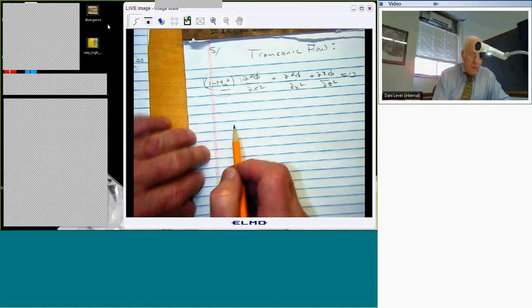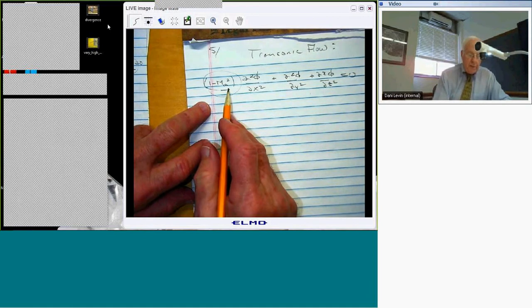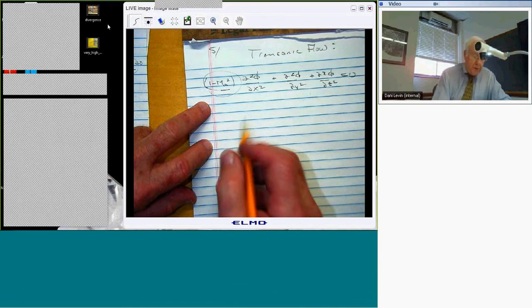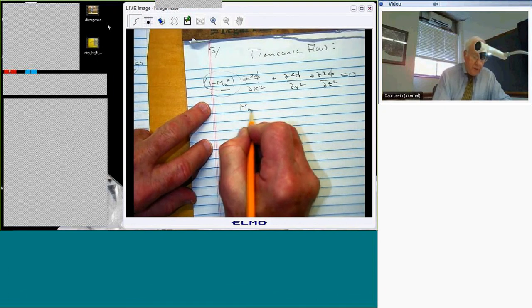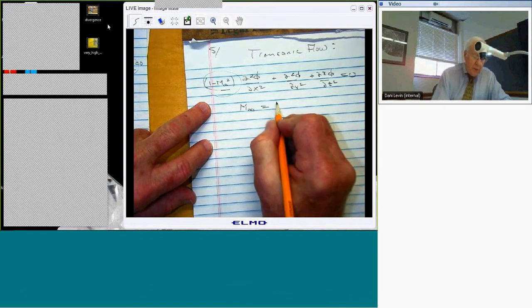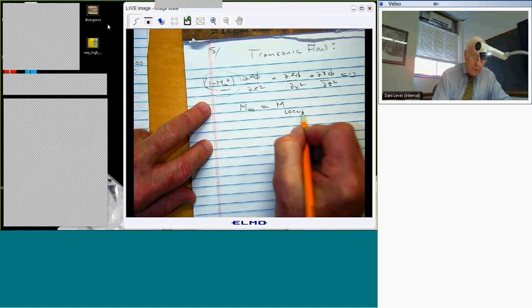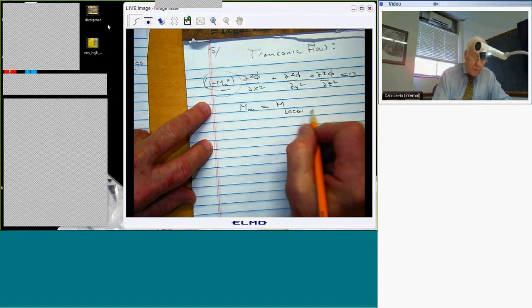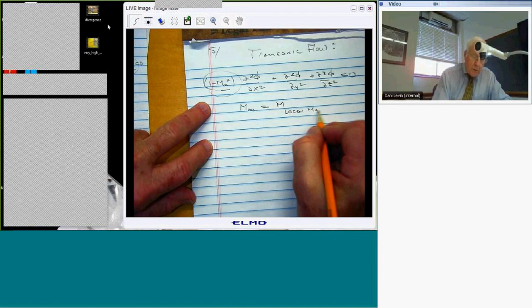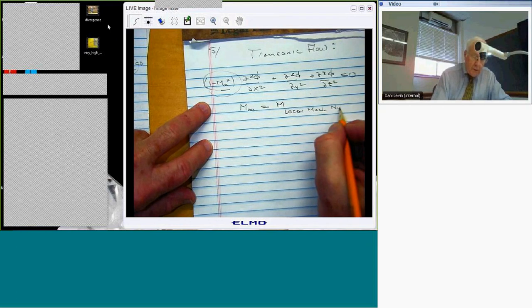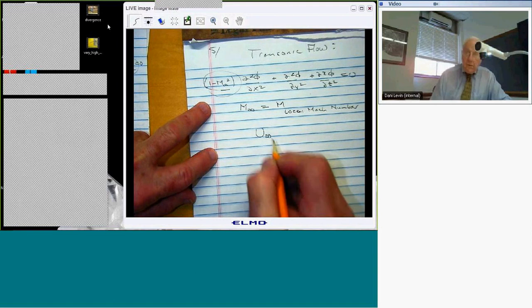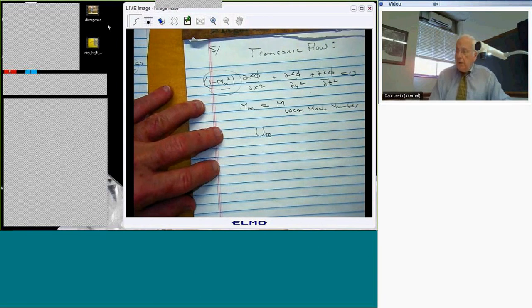All that happens in transonic flow, if you want to improve on this theory, is you replace M sub infinity by the local Mach number. What do I mean by that? Well, the true flow field is not just U infinity, it's U infinity plus a perturbation.